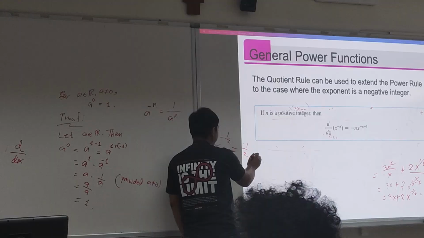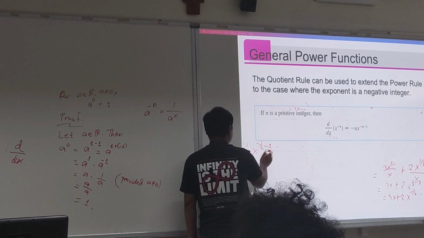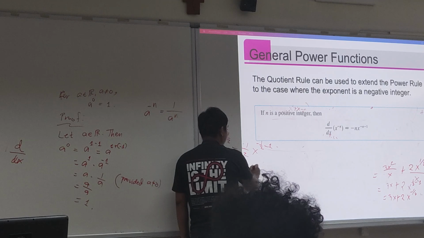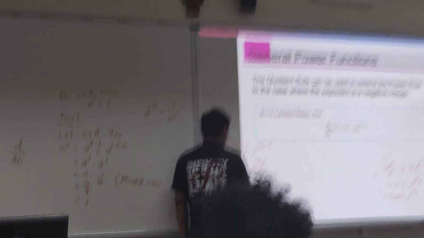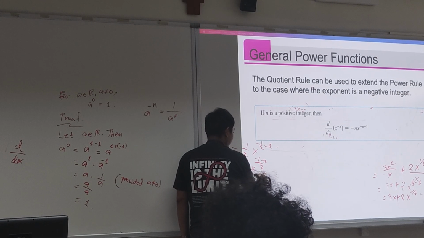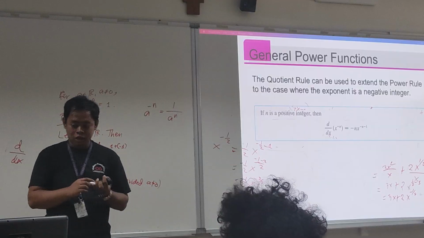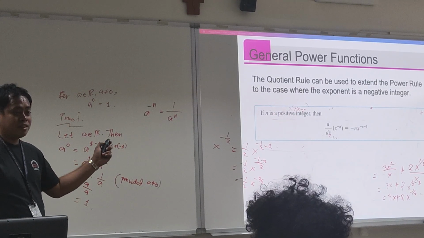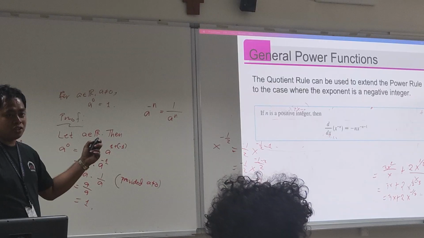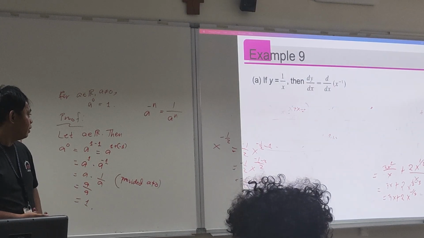This is negative 1/2 x raised to negative 1/2 minus 2, which is negative 1/2 x raised to negative 3. It is the same definition and gives the same result even if your n is not positive.